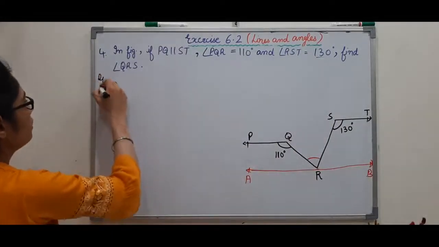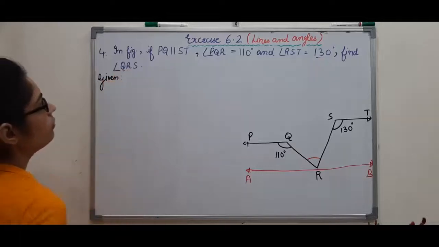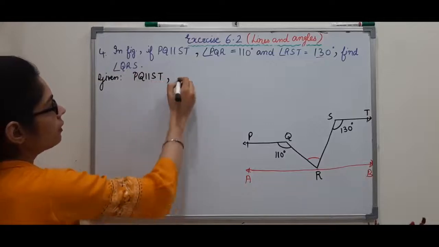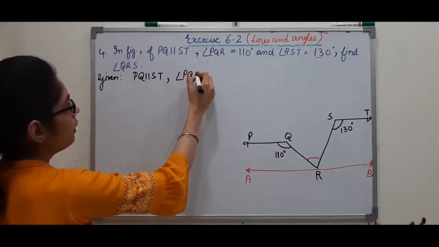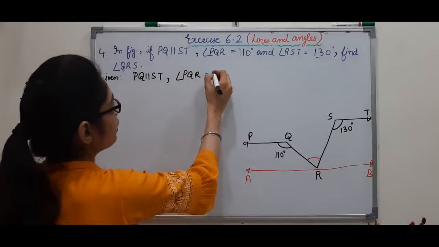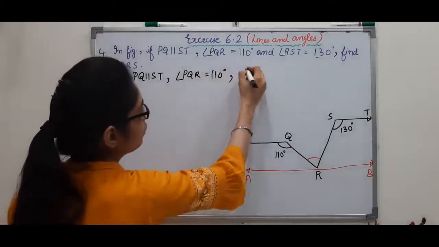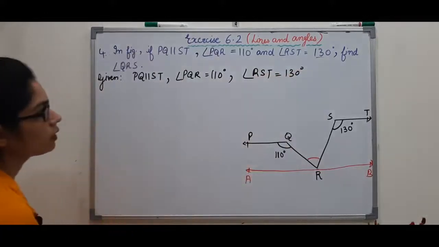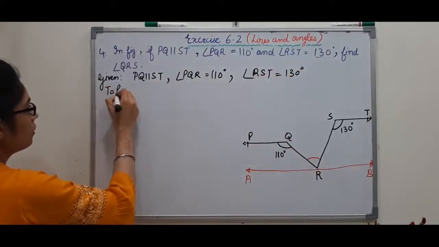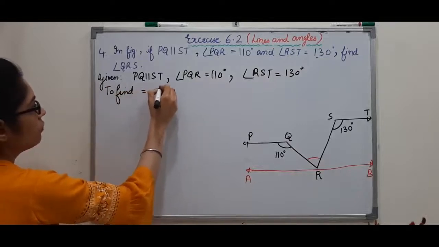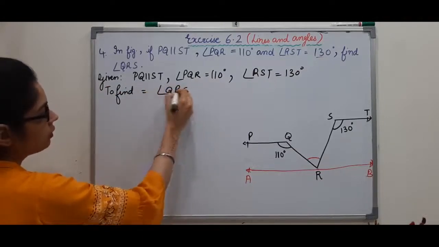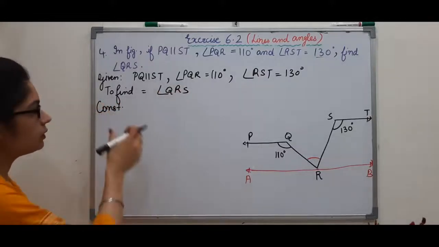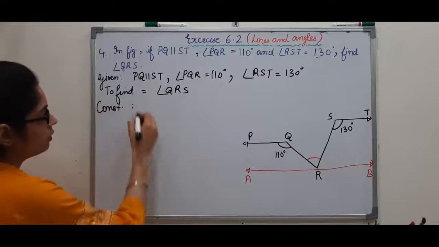First of all, let's write the given things. It's given PQ is parallel to ST, and the values of the two angles PQR and RST are given to us. We can mention those values also. Then to find, we have to find angle QRS. Then we have done a construction also, so we can mention this point, construction.